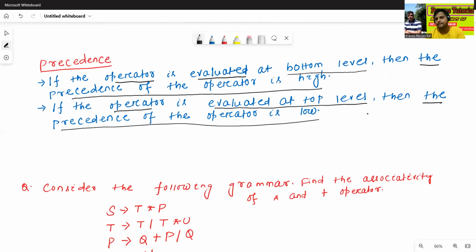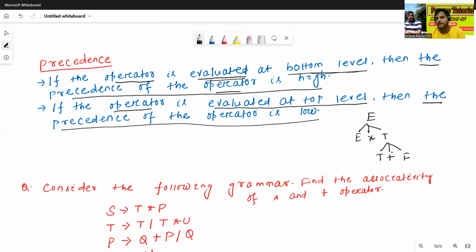For example, say E → E * T, T → T + F. Just see the definition. If the operator is evaluated at the bottom level, then the precedence of the operator is high.